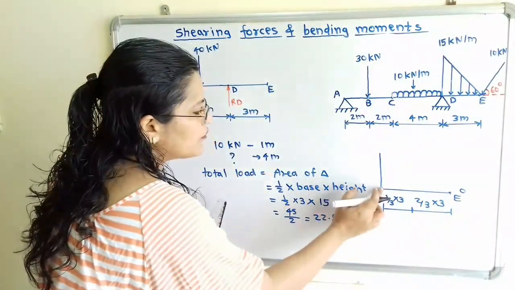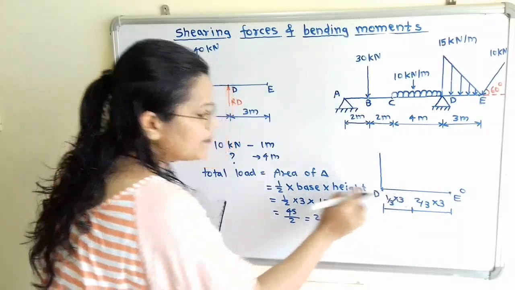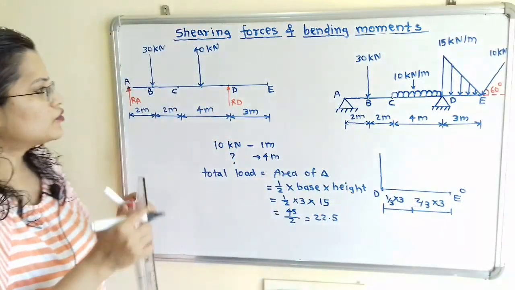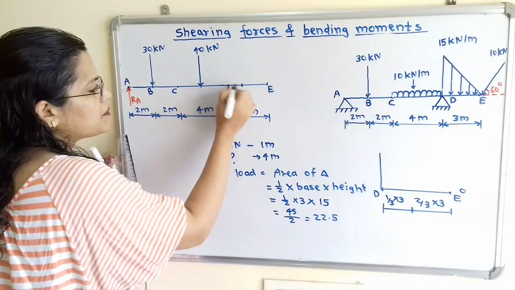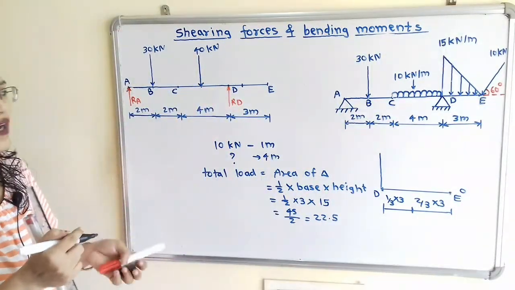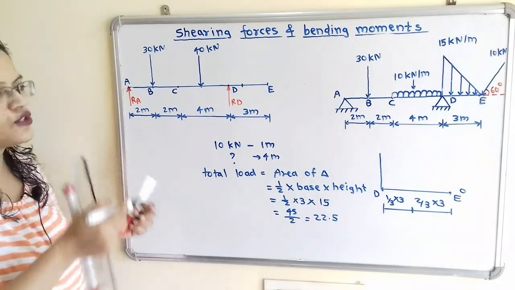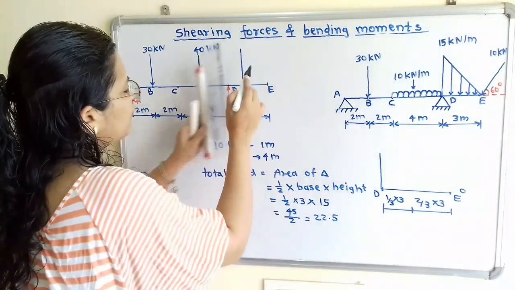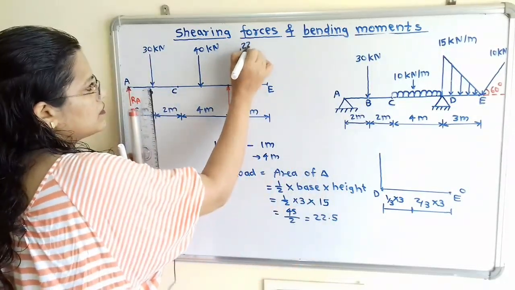If we observe, it is at a length of 1 meter from point D, and 2 meters from point E. So we select one point here, 1 meter from D and 2 meters from E, and we show the total load. This is the point of application of the load, and it is 22.5 kilonewton.